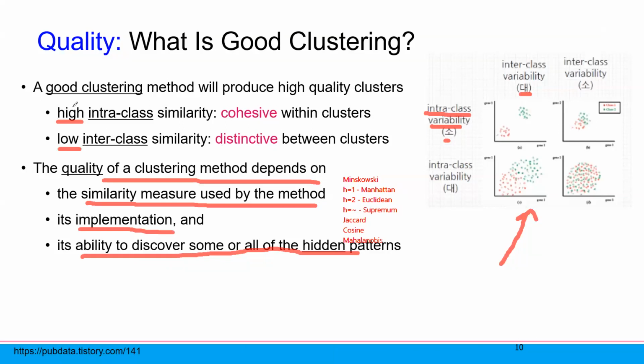So let's just use this one: high. High intra-class similarity means they are in the same group.